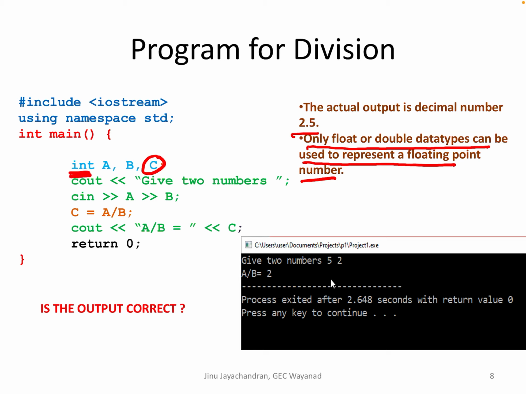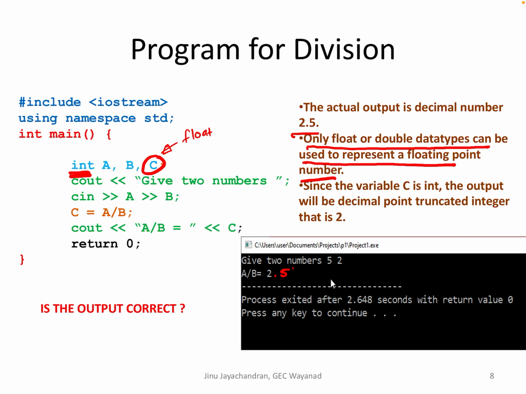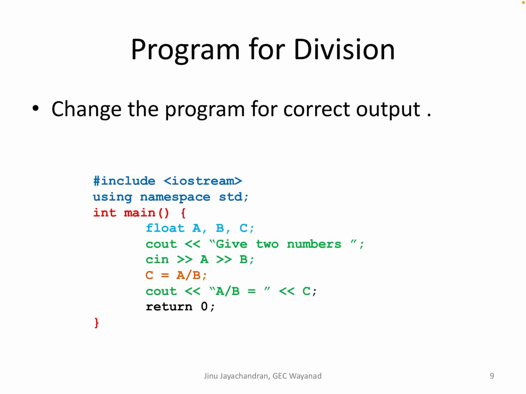If C had been float, then you could have got the result as 2.5. But since C is an int, it will not give any decimal places. So remember, if you want to get decimal places for a number, you should have a floating point data type for the variable. So since variable C is int, the output will be decimal point truncated integer, that is 2.